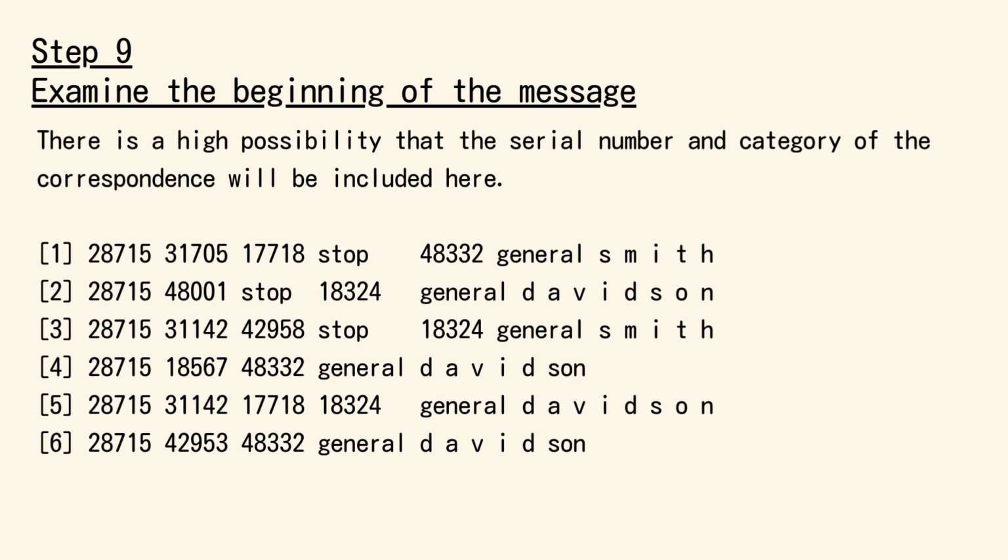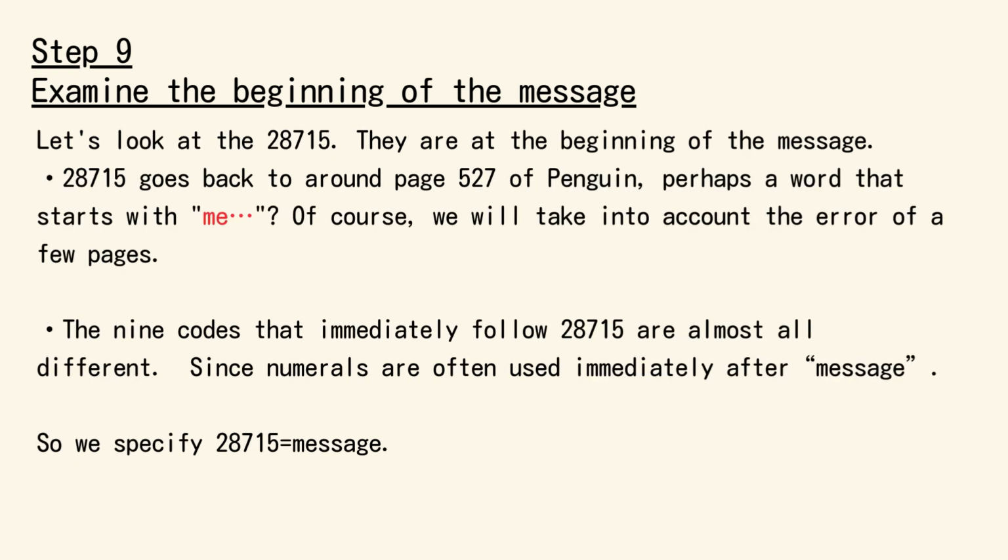Step 9. Examine the beginning of the message. There is a high possibility that the serial number and category of the correspondence will be included here. Let's look at 28715. It is at the beginning of the message.